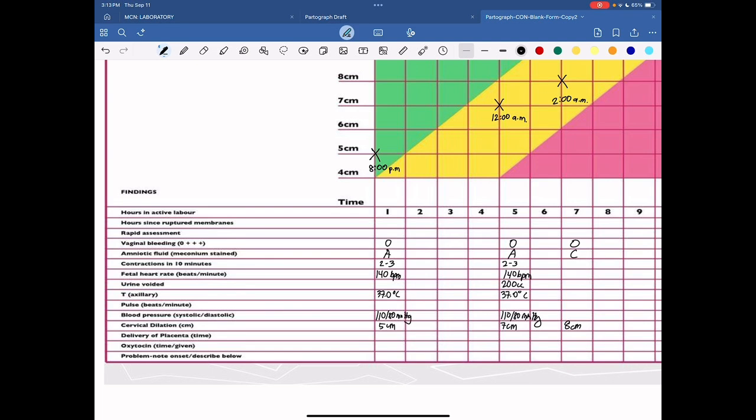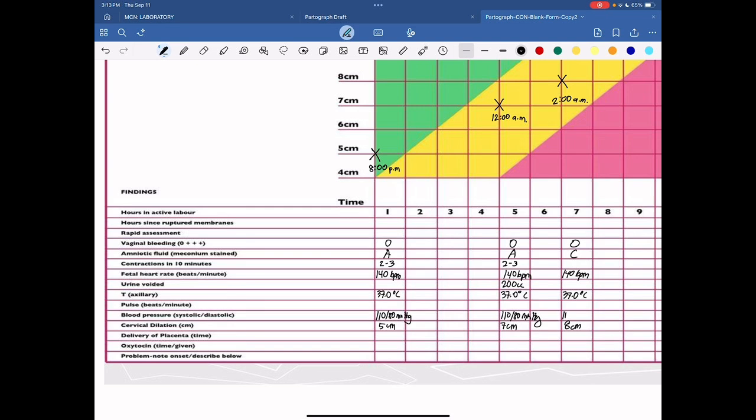Next we have the fetal heart, which is at 140 beats per minute. Then other findings are the same. For the mother's temperature, it is expected at 37 degrees Celsius.